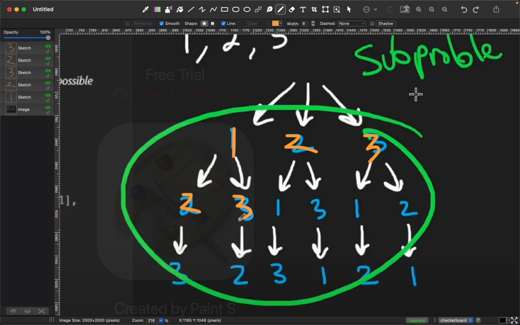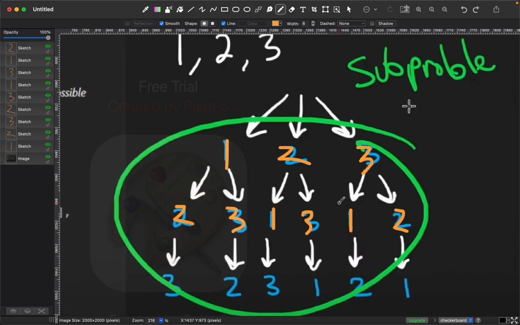For any combination of 2, the remaining ones are 1 and 3. For a 3, the remaining combination is just the 1 and the 2. And obviously to complete the whole item, you just fill up the remaining items. For this case it's 3, for this case 2, here's a 3, here's a 1, here's a 2, and here's a 1.